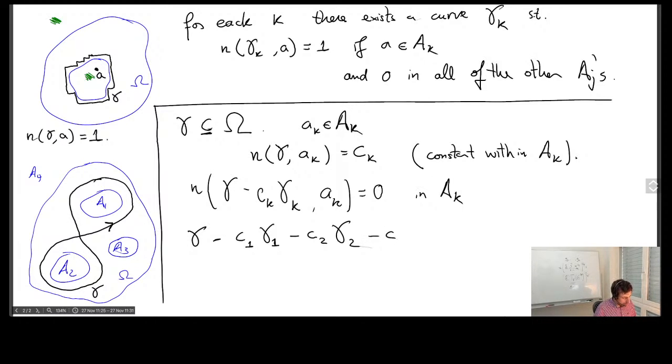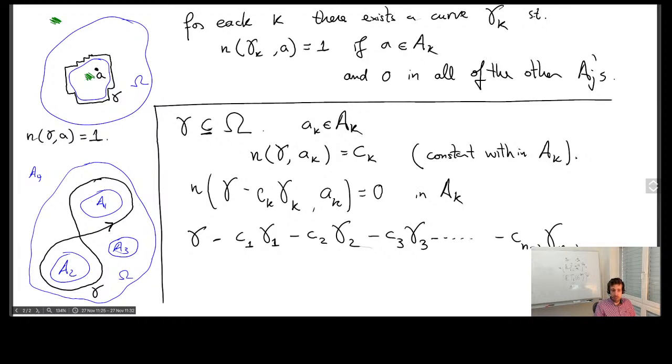So if I now subtract all of these, all the way to n minus 1, because there's nothing interesting happening at An, since it's the unbounded set and the winding numbers are always 0, then this curve now has winding number 0 around any point outside of omega.